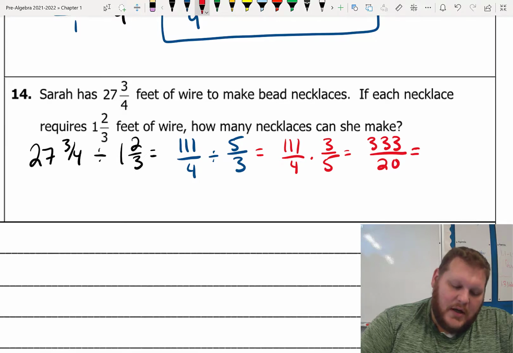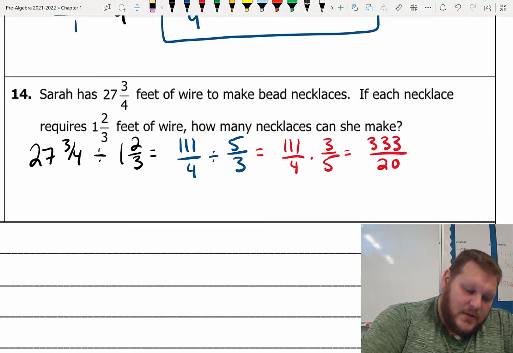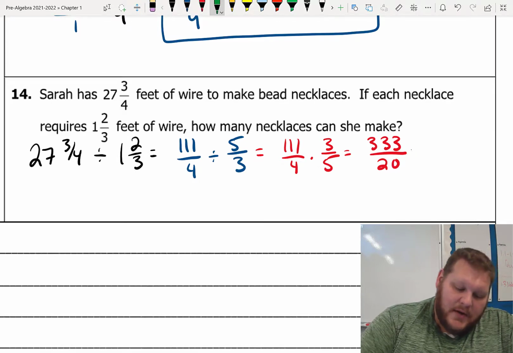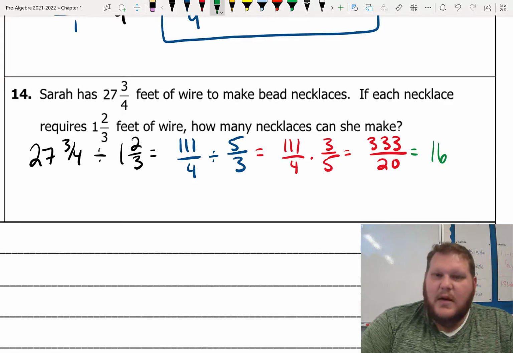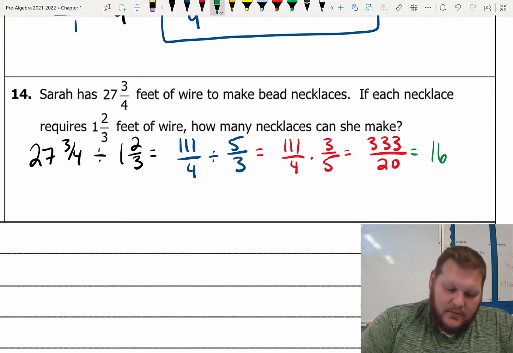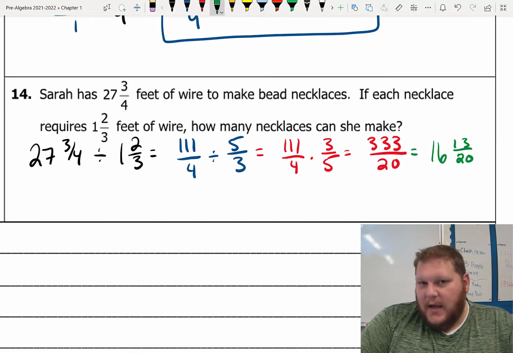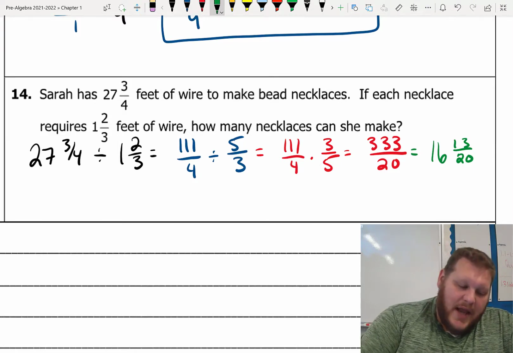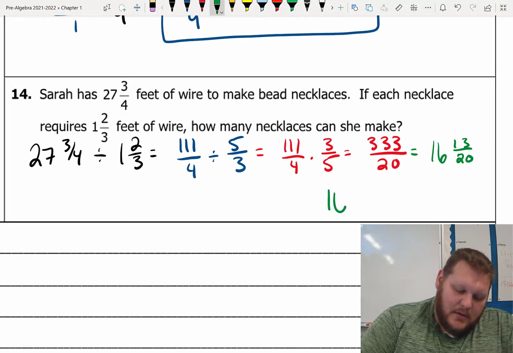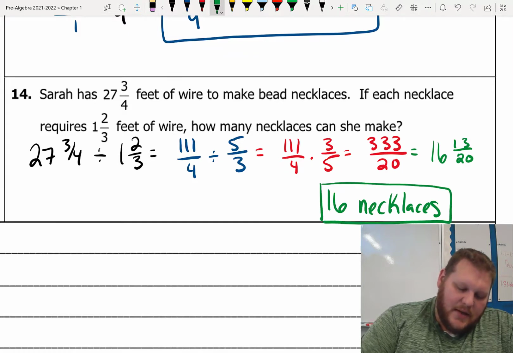So we can use our calculator for this to do division, but we have to be careful, because in this case, we end up with 16 and then some extra left over, 13/20. But she can't make 16 13/20 of a necklace. So we would have to conclude that she can make 16 necklaces. She doesn't have enough to make 17, so 16 is all that she could make.